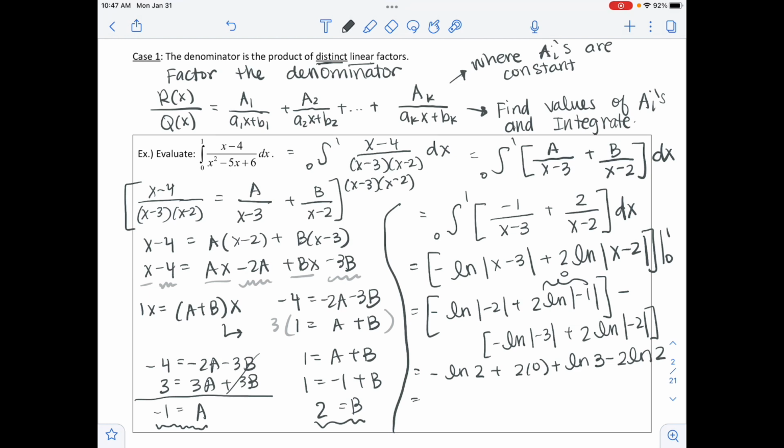From here, I can combine my natural log of 2's. And so I have ln of 3 minus 3 ln of 2. And so this would be a perfect answer. You will notice that sometimes they simplify logarithms by using some of the properties.